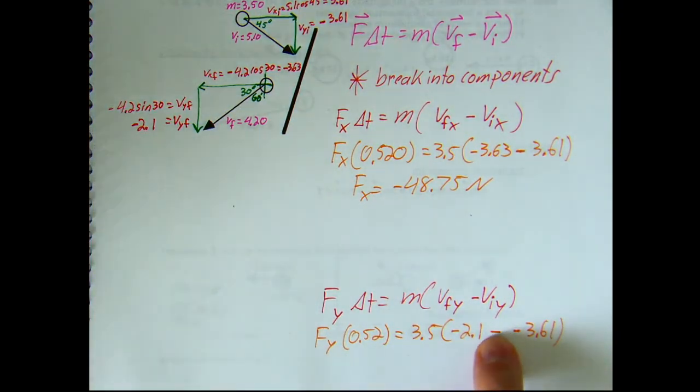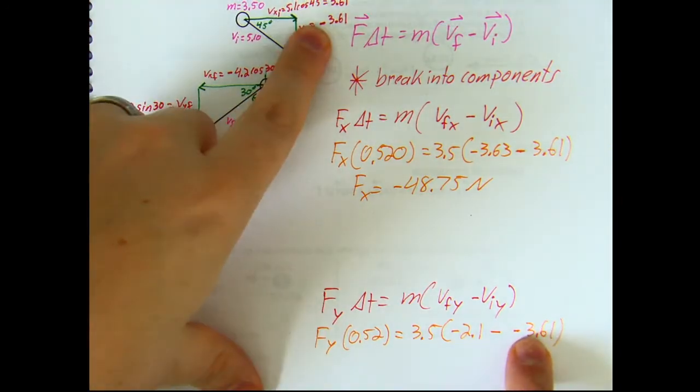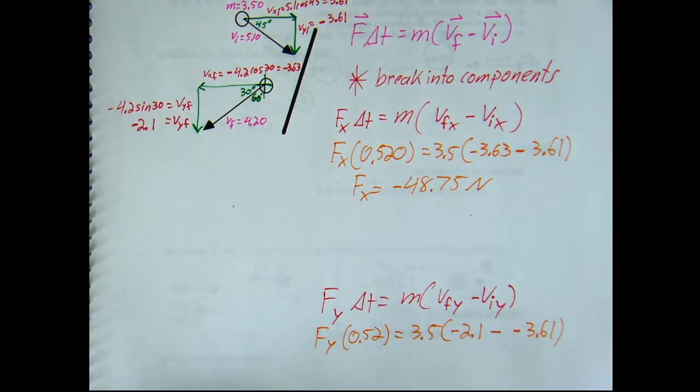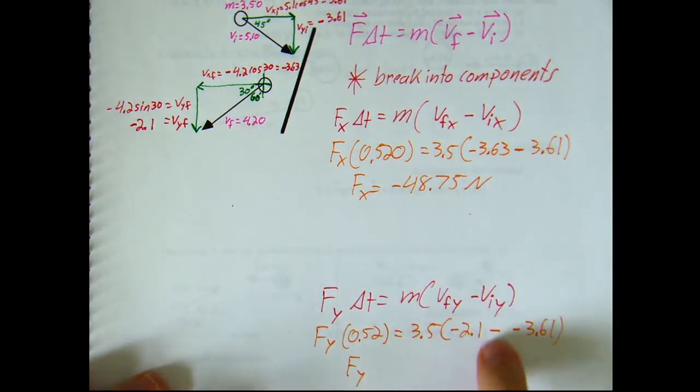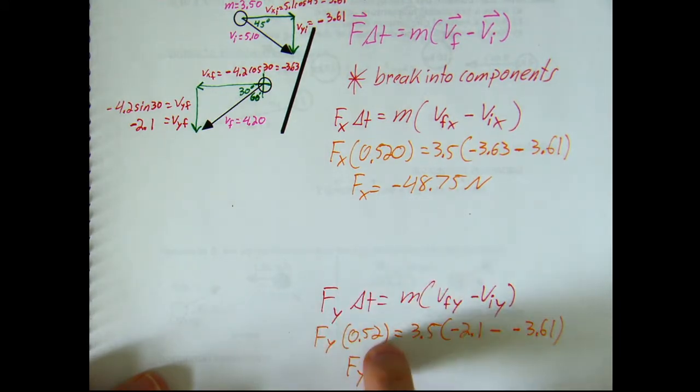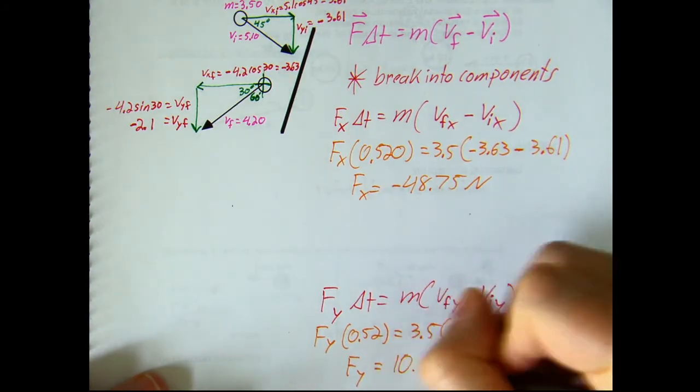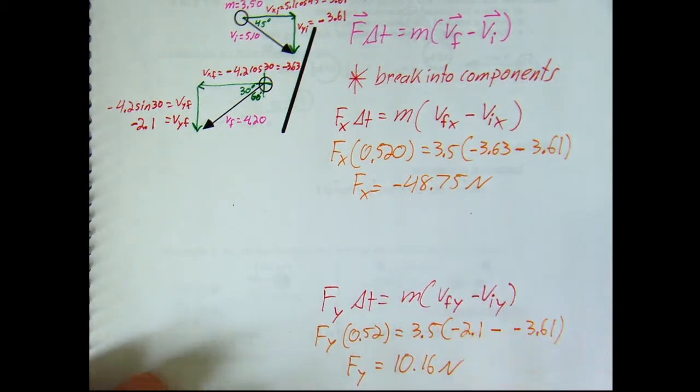It's minus, and then go get the number. The number happens to be negative, so we're going to have that double negative in there. So if we solve this thing properly, negative 2.1 plus 3.61 times 3.5 divided by 0.52 is going to give us our y component there, where if you plug that through, you should get 10.16 newtons.